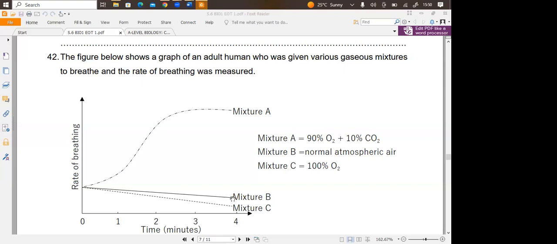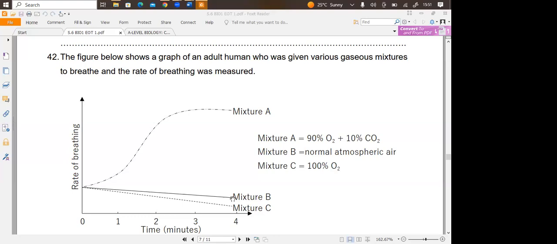So now we start asking ourselves, why? Because even if you've not yet read the questions that follow, they must ask you, why is that the case? So now you start developing your own hypothetical questions. Why is it that mixture A increases the rate of breathing and mixtures B and C reduce the rate of breathing?